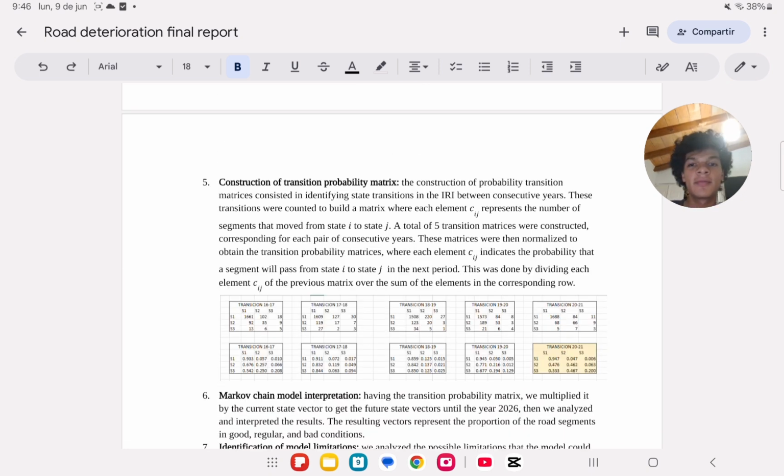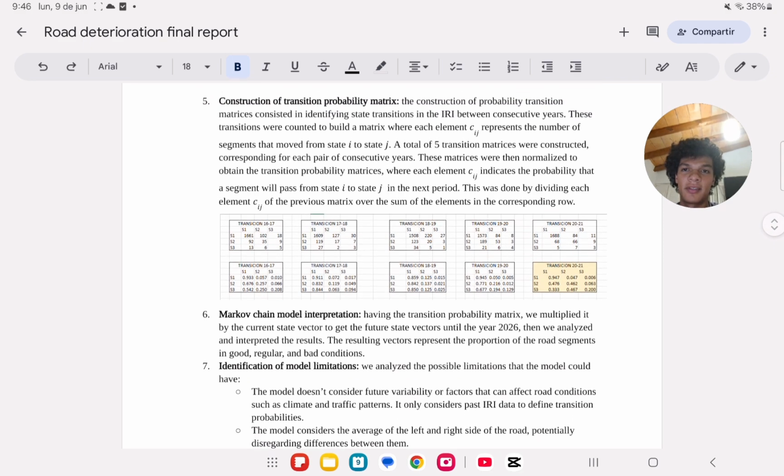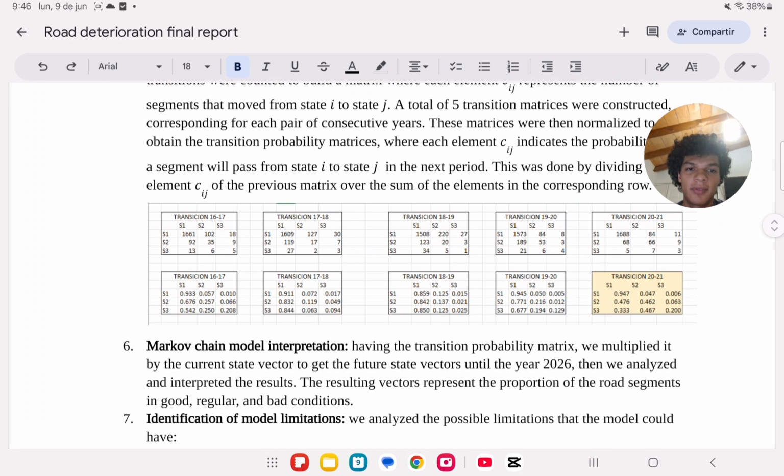The next step was to reorder all the data that we have, and we did it in all the columns. We had right and left, but we actually did an average of those, and we built the transition probability matrix that is just put here in the Excel, through all the years.